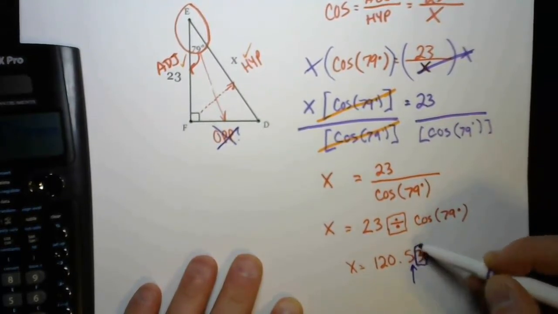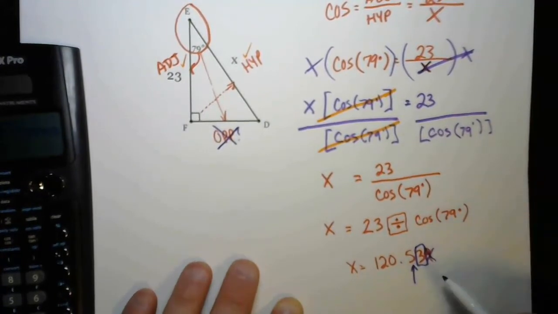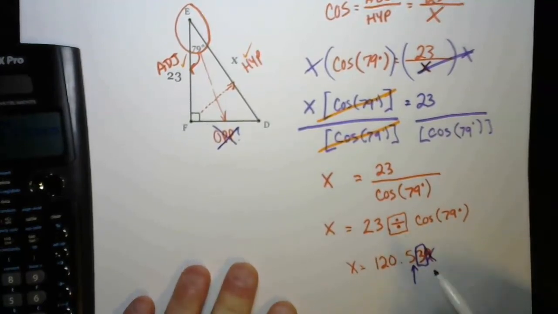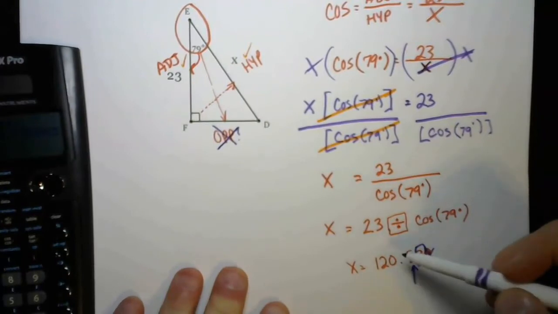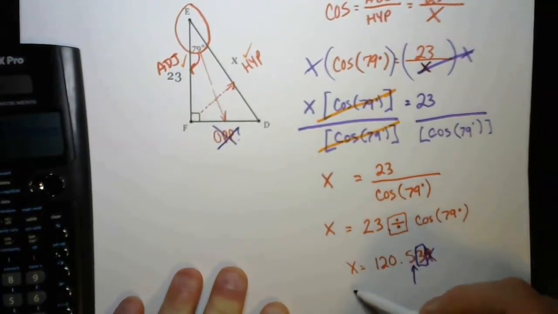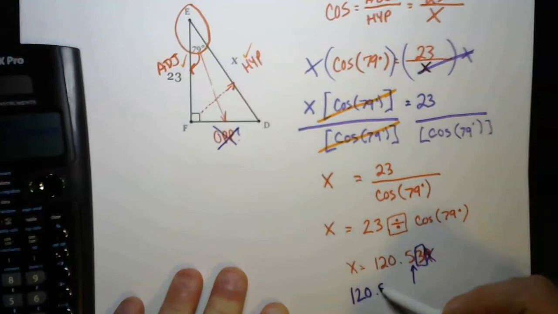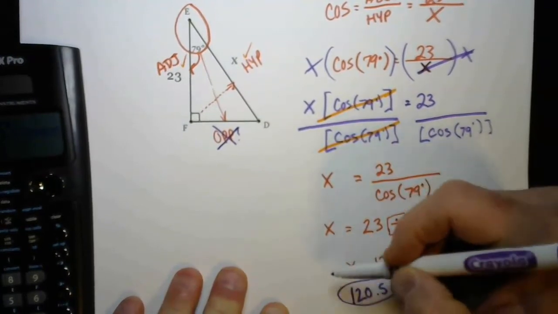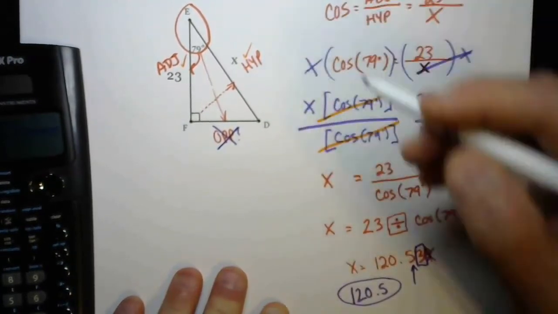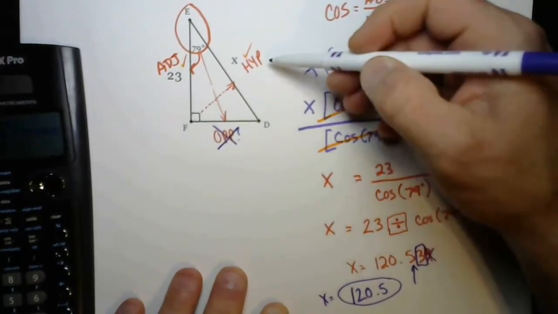We're only looking at the digit to the right of what we want to round. Because it is not a 5 or greater, we're not going to change the tenths. It is a 3. So our final answer is going to be 120.5. That's our hypotenuse. Okay, x equals 120.5.